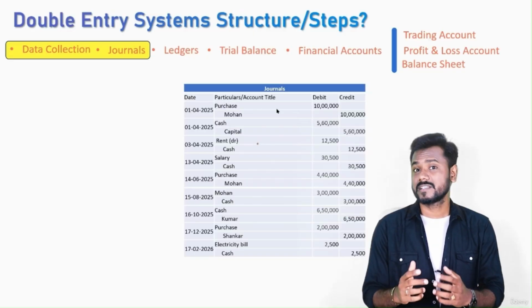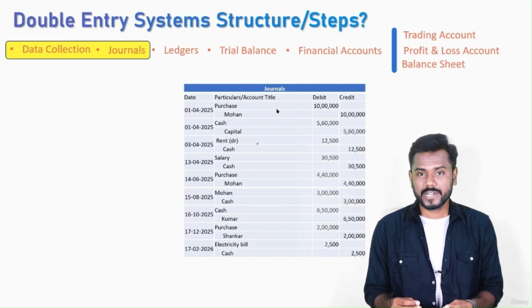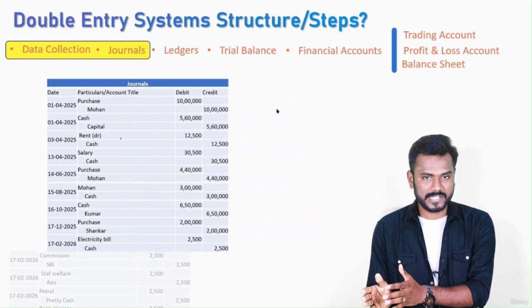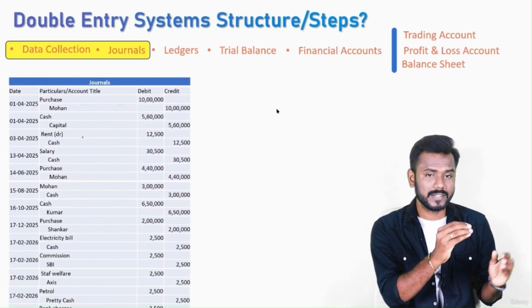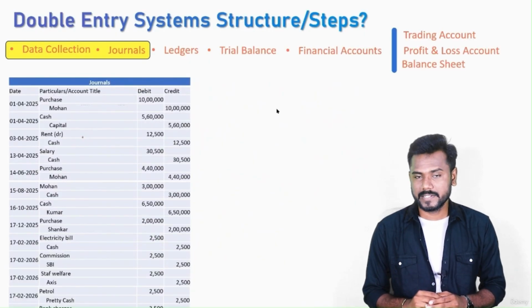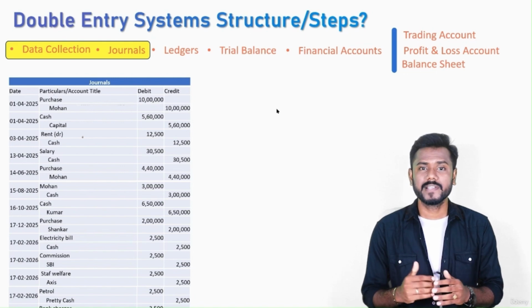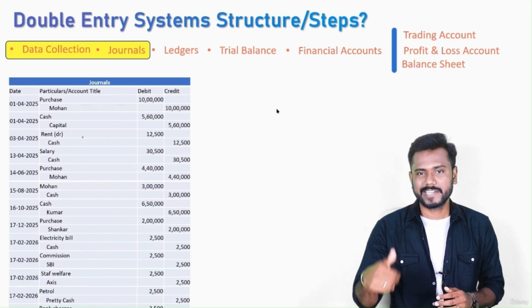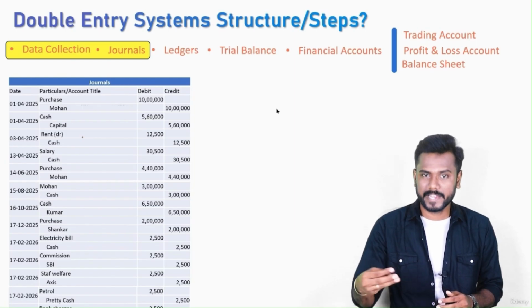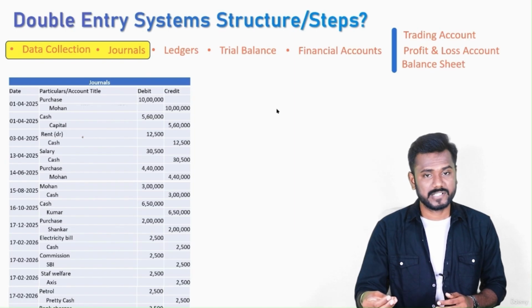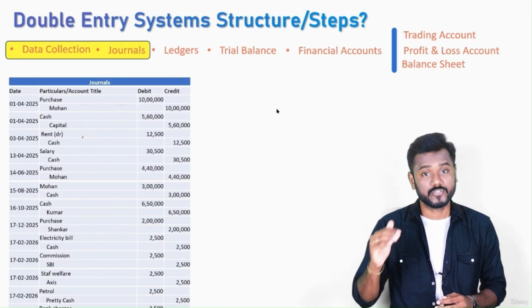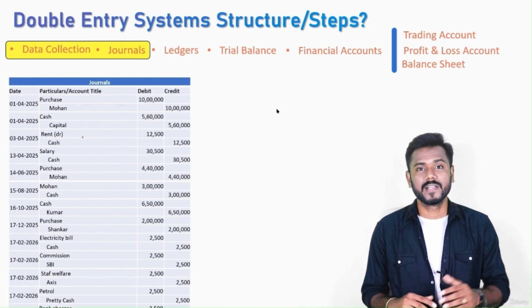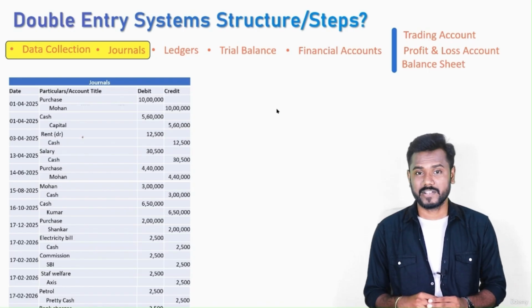But there is one disadvantage in this journal. What is the disadvantage? Yes, you have converted all these 10,000 transactions into 10,000 small journals, but there is no summary. Let's say first there is a purchase, again some salaries and rent paid transactions recorded, again purchases, after 5 transactions purchases recorded, after 20 transactions, after 100 transactions, after 1000 transactions purchases recorded.